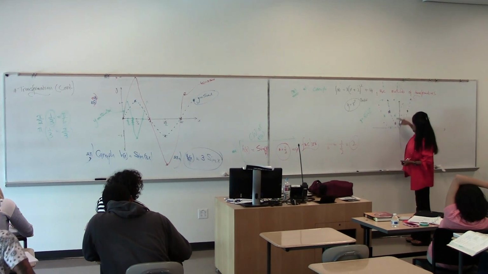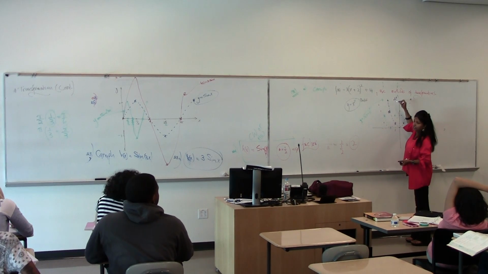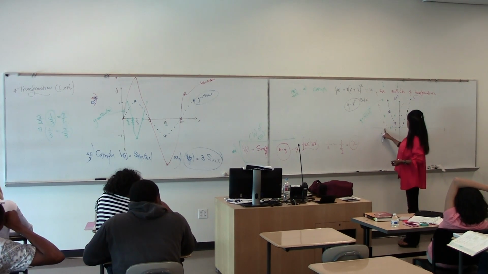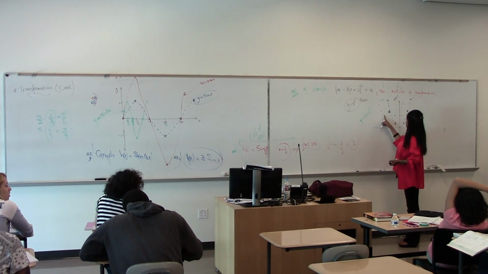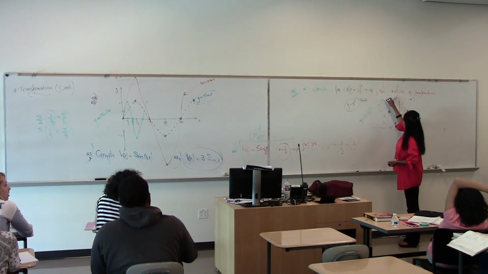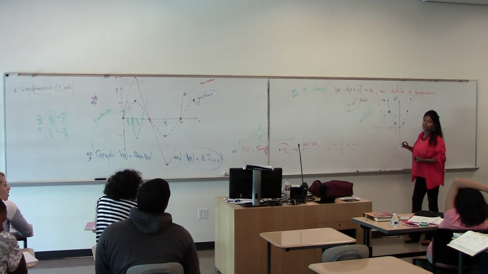So what is the coordinate here? 1 and 8. This one goes 4 units up, is going to be 3 and 4, 4 units up is 8, 3 and 8. Right?